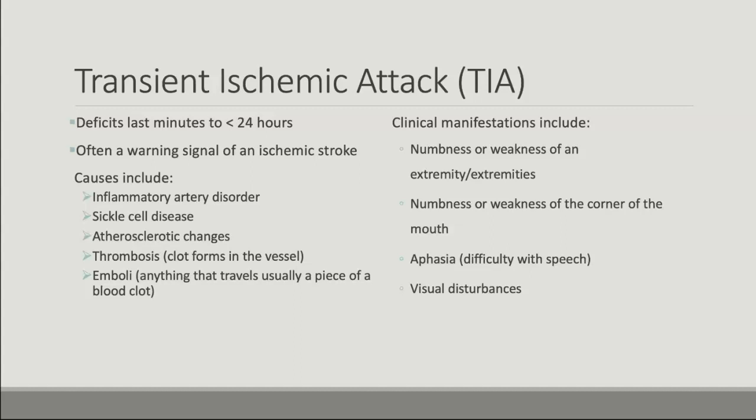Again, these are deficits that are not going to be long-term, okay? So they usually last minutes, they can last up to 24 hours, but they are not prolonged symptoms, okay? I think, too, that there were a couple of women reporters or journalists who were on TV, and they were doing active reports when they started slurring their speech, and they found out that they had TIAs.